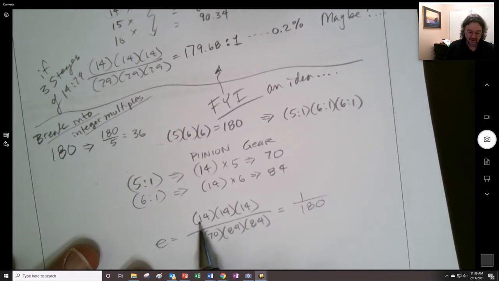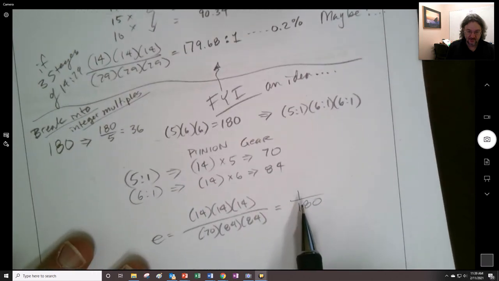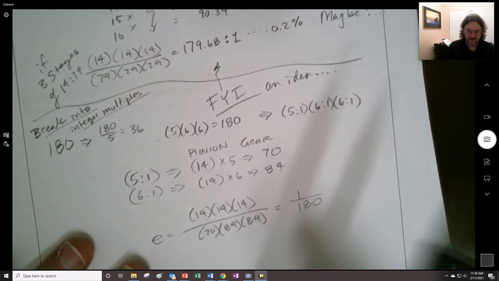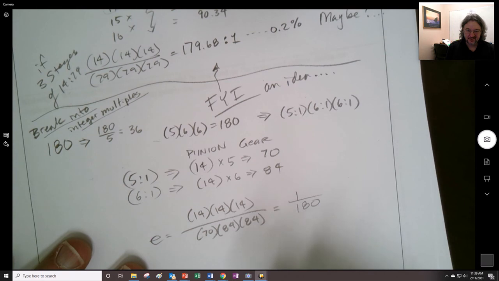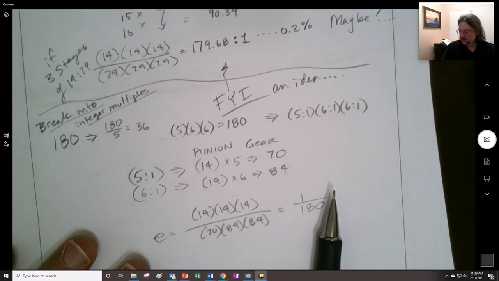If we're trying to get a 180 to 1 ratio as part of this, I think the phraseology needs to be established a little better. But anyway, that's long enough right there. That's a 10-minute thing, so let's close that one down.